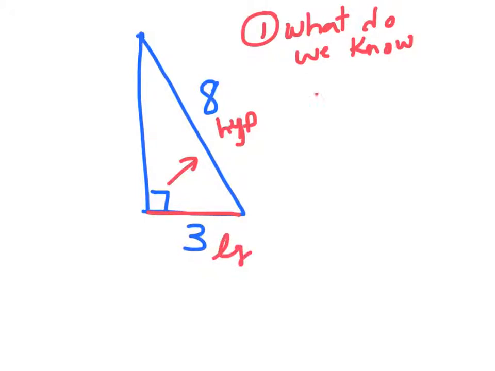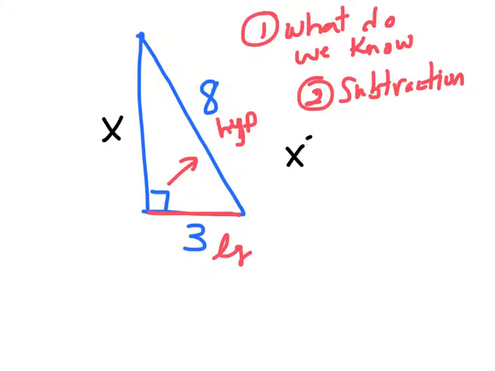So that means we're going to be doing a subtraction problem. So I'm going to take 8 squared, and let's call this x. So x squared is going to be 8 squared minus 3 squared, the hypotenuse squared minus the leg squared.